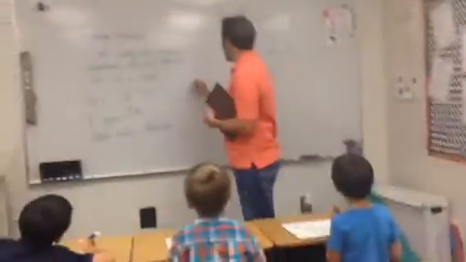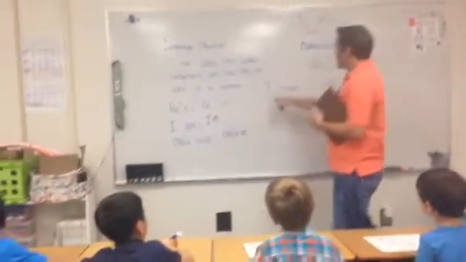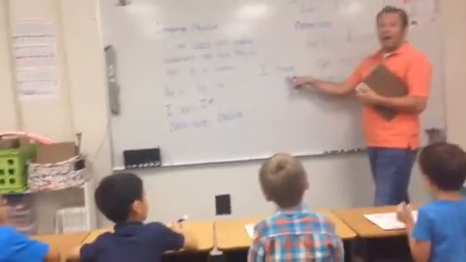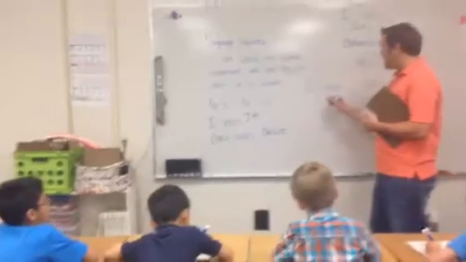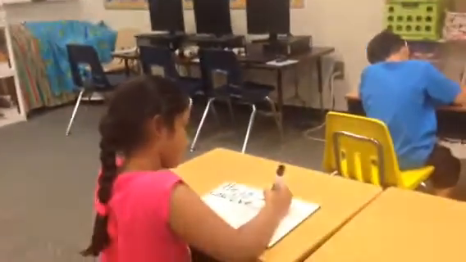All right, let's do another one with have, using the word I. I have. That makes sense. I have. I apostrophe V-E. Very good. I apostrophe V-E.